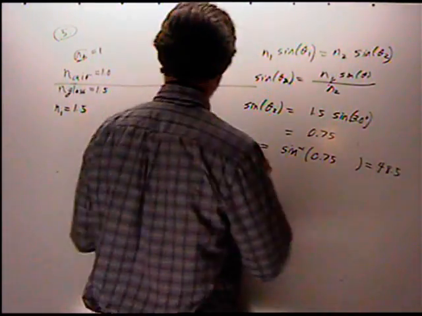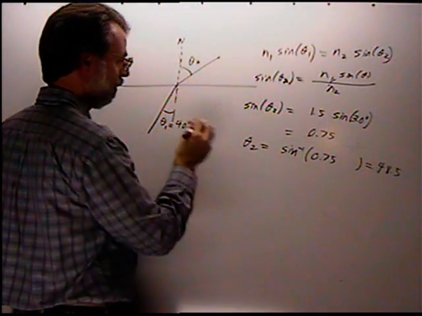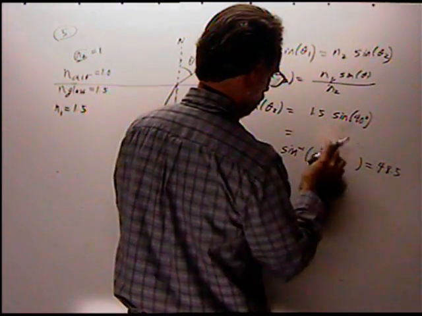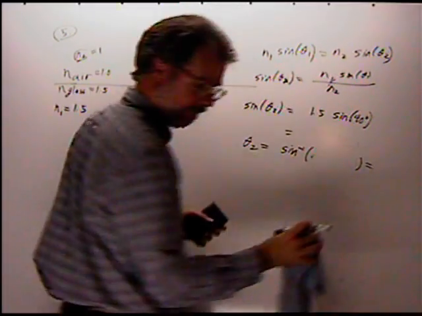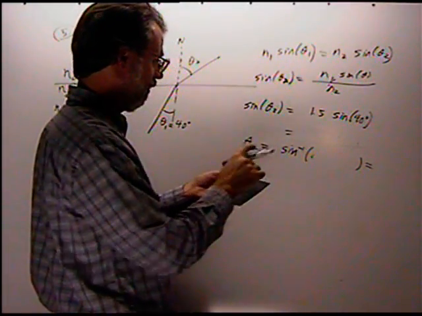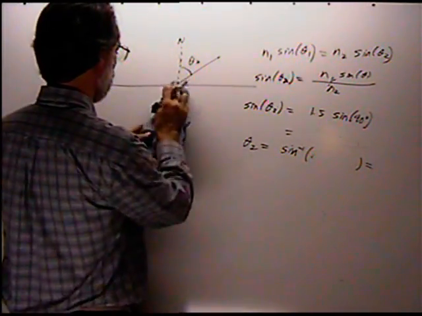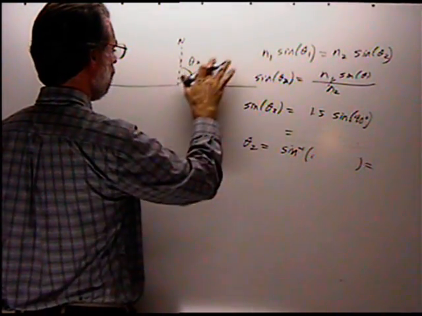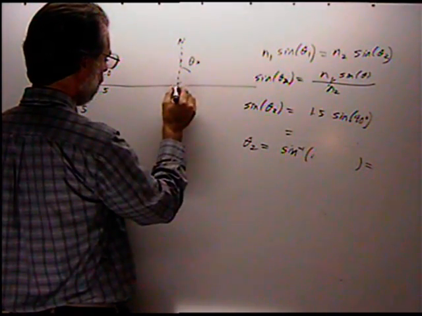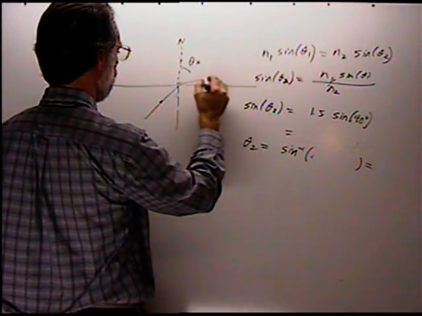Now, I'm going to increase it even more. Let's make it 40 degrees. What I'm really doing here is widening this angle out, and so this is going to bend even more.